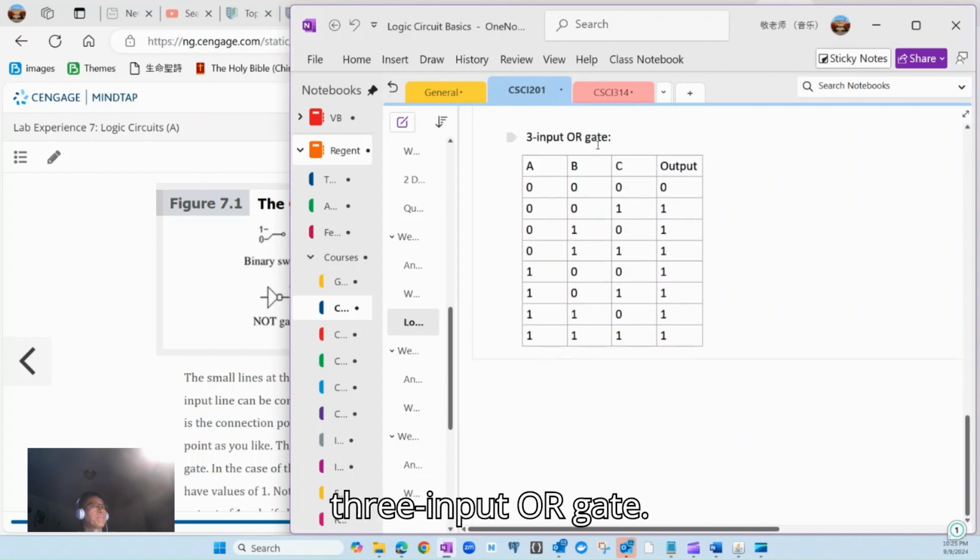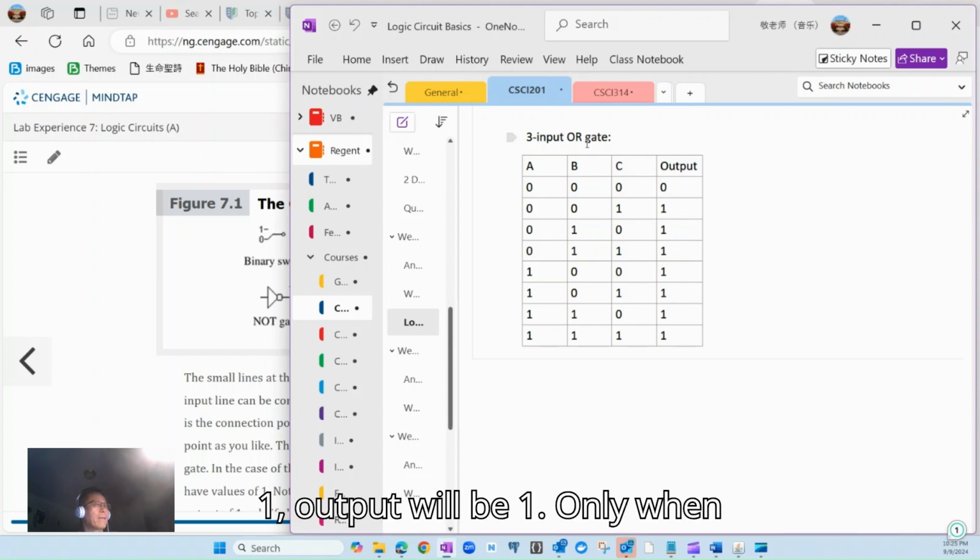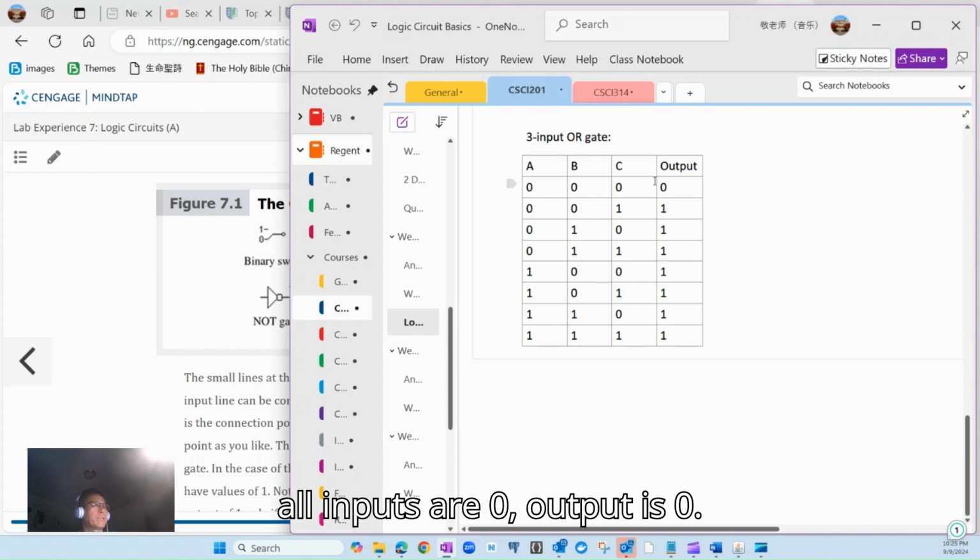For the 3-input OR gate, there are also 8 possible combinations of input. The definition of the OR gate is when any input is 1, the output will be 1. Only when all inputs are 0, the output is 0. So the truth table shows the facts of the 3-input OR gate.